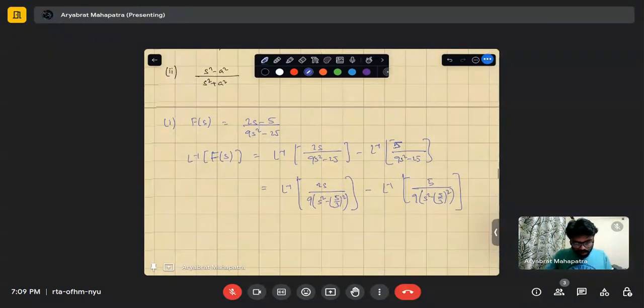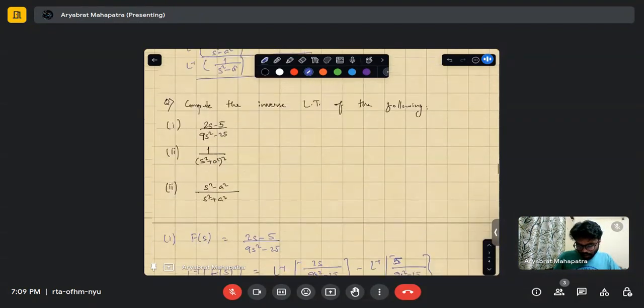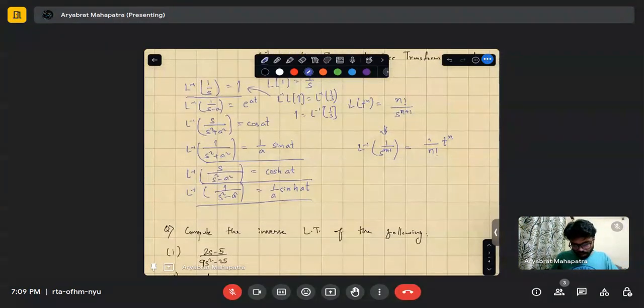Why am I trying to get this kind of form? Because that is what my results look like.